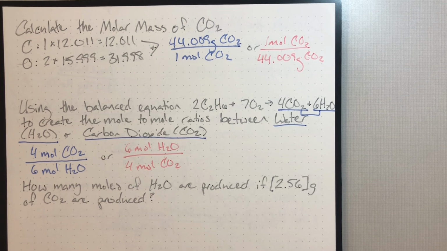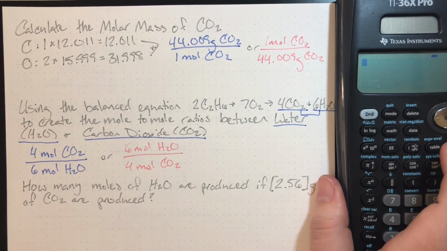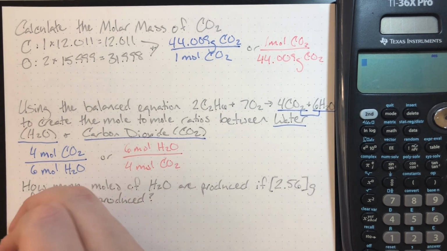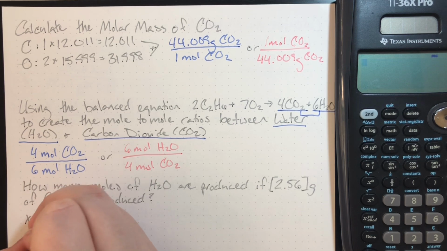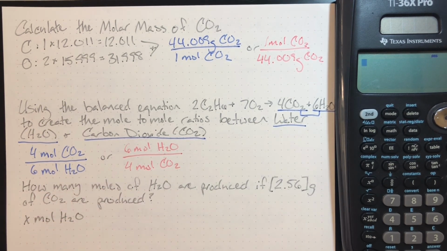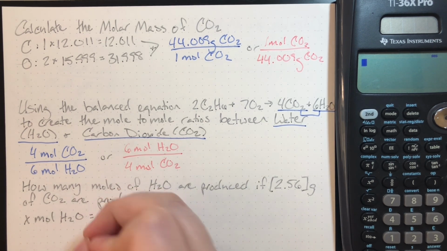How many moles of water are produced if 2.56 grams of carbon dioxide are produced? I'm going to go ahead and translate this English problem into math. How many moles will turn into X moles, and then compound attached to that unit, water, are produced if is my equal sign.